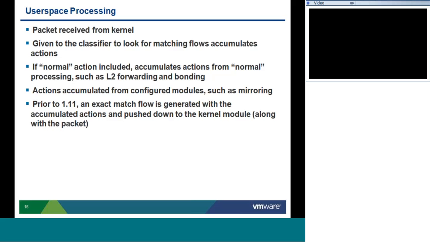Depending on your action, if you have a normal action, then it will do things like L2 learning or implement bonds. If you have things like mirroring configured, then it adds those rules as well to the kernel megaflow entry. As mentioned, prior to 1.11, that was always an exact match flow. Starting in 1.11, we generate megaflows.